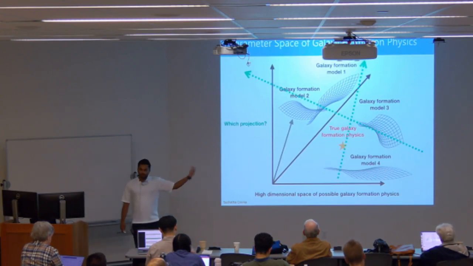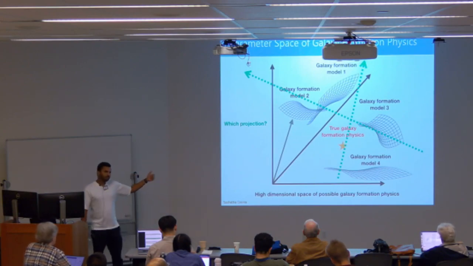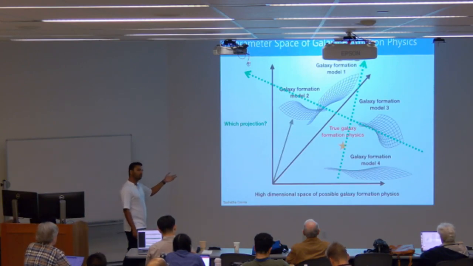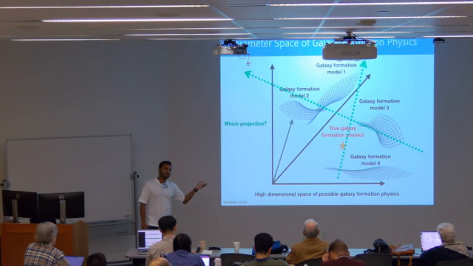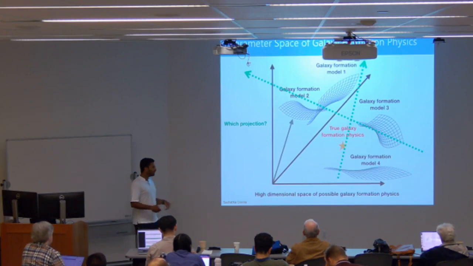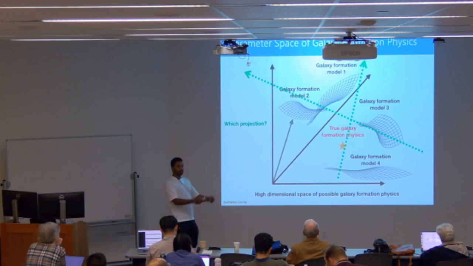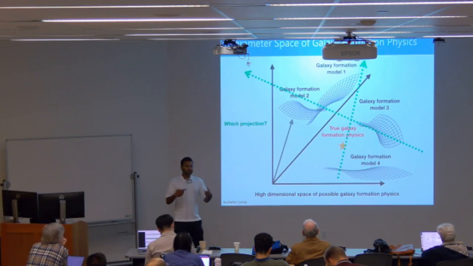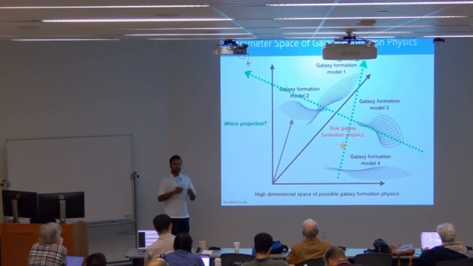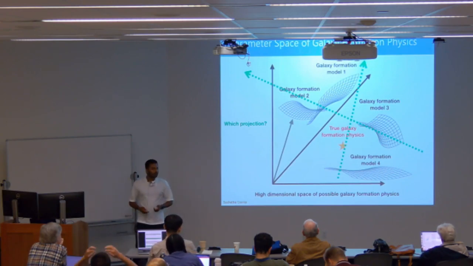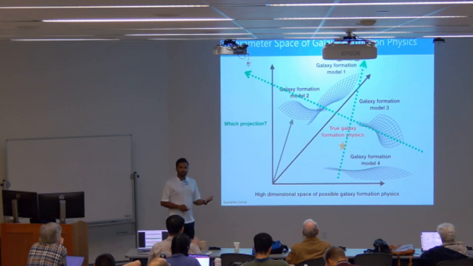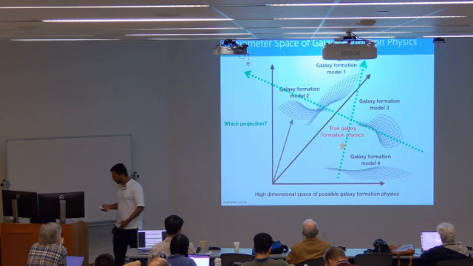If we are comparing UV luminosity functions, it's great, but when we look at another observable, things are not matching. With these empirical models, if we can do full forward modeling, we can start to answer all of these things at the same time. But again, the problem is, what projection should we take? What is your favorite projection, your favorite observables?